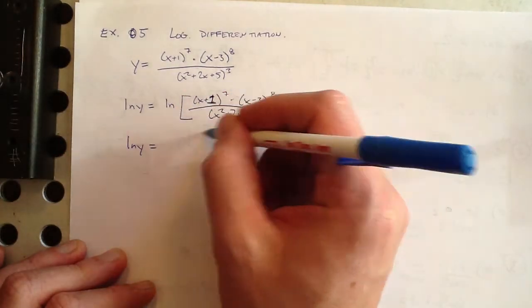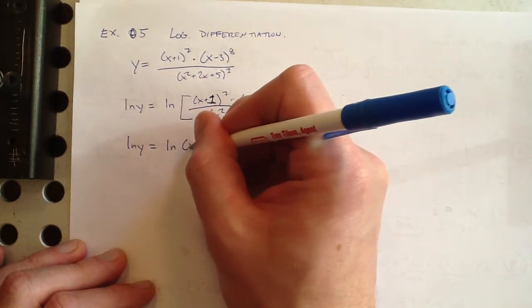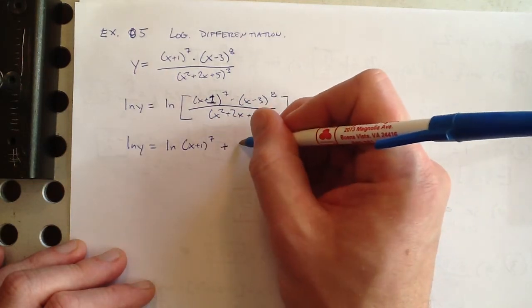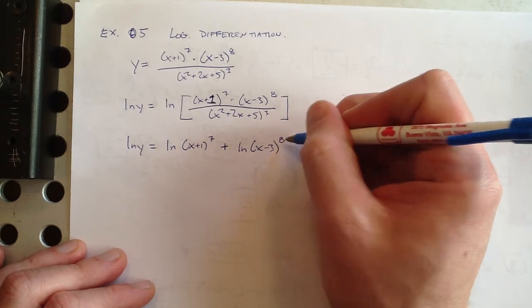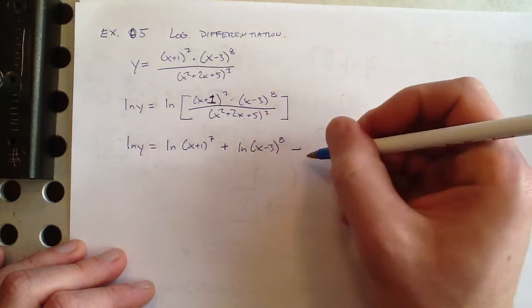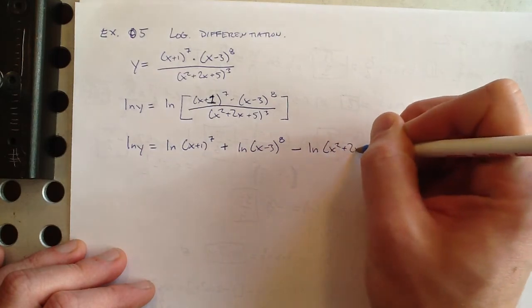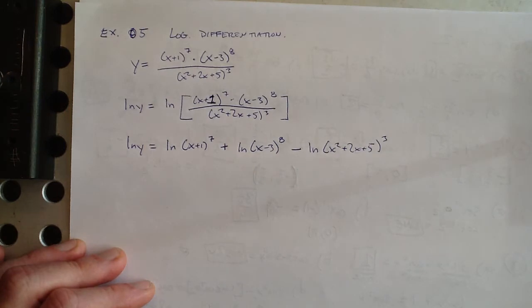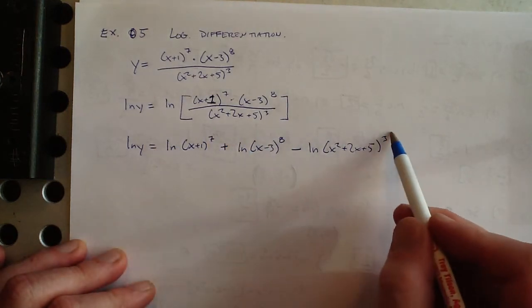So breaking this up using logarithm rules, that's the same as the natural log of x plus 1 to the 7th plus the natural log of x minus 3 to the 8th minus, because this is on the bottom, the natural log of x squared plus 2x plus 5 to the 3rd. And then by another logarithm rule, these exponents can come out to the front, right?